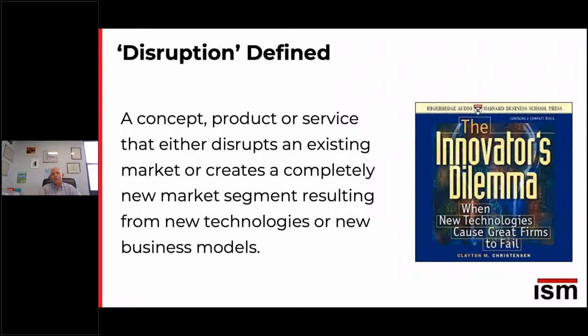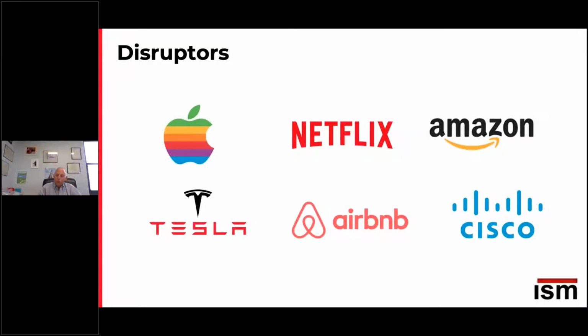So you'll see the loop. I'll close the loop in a minute, but we've got to open it and talk about how to thrive in a world of digital disruption. Clayton Christensen from the Harvard Business School started the whole concept of disruption. He wrote the book The Innovator's Dilemma, and he basically said that new technology causes great firms to fail, and that there is a need to stay on top of technology in order to survive.